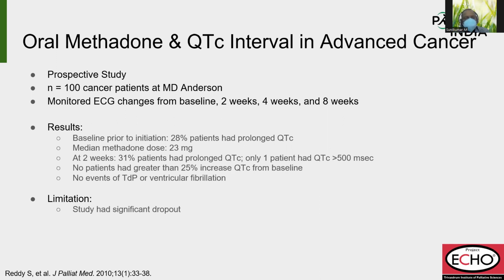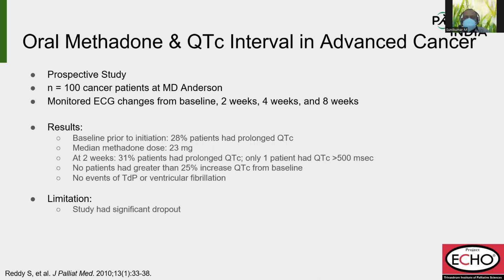And what they found was there were no events of any torsades de pointes or ventricular fibrillation. So there were no clinically significant problems in patients, and you can see that the median methadone dose was 23 milligrams. So they used maybe less than 40 milligrams of methadone per day in all the patients.